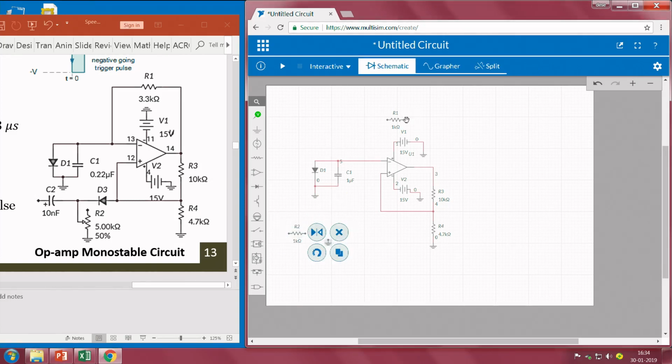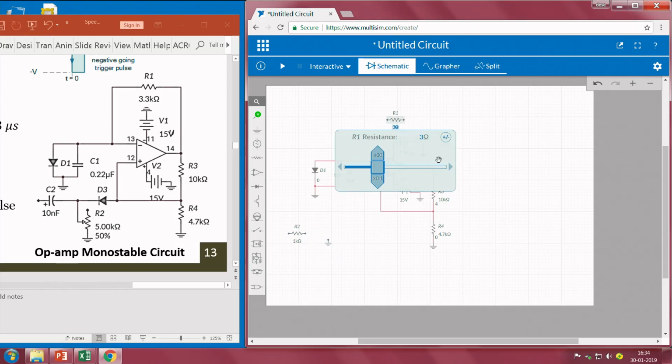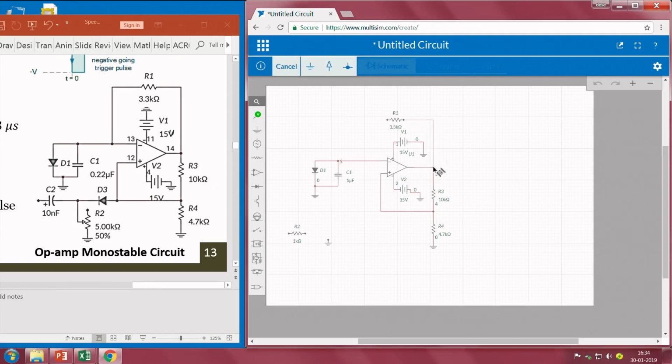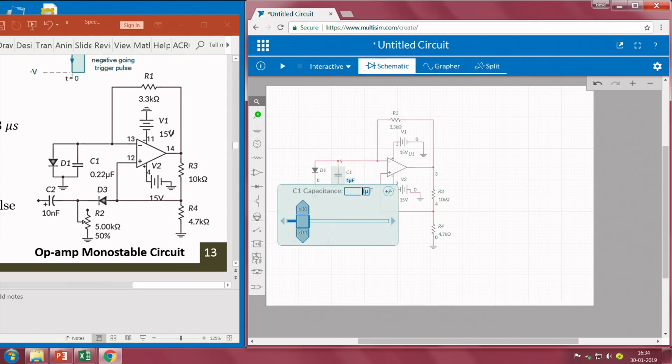Then we need one resistor which is of 3.3K, a 3.3 kilo ohms resistor as a feedback resistor, which decides the charging time of our capacitor, and the value of C1 for our design requirement is 0.22 microfarad.